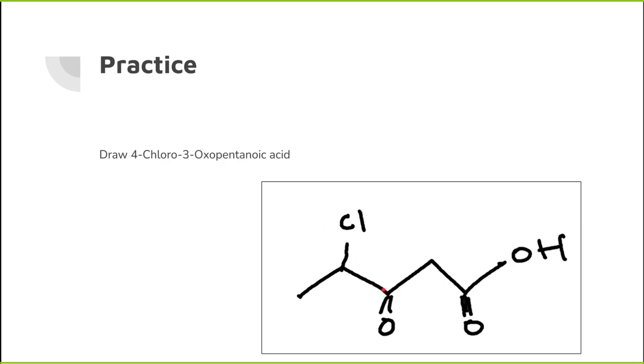Then on the third carbon, we have this oxo group. So that's 3-oxo. And the fourth carbon here has the chlorine. So that's 4-chloro. Why isn't it 1,3-oxo? Why is it just 3? The other double bonded oxygen is part of the carboxylic acid group.